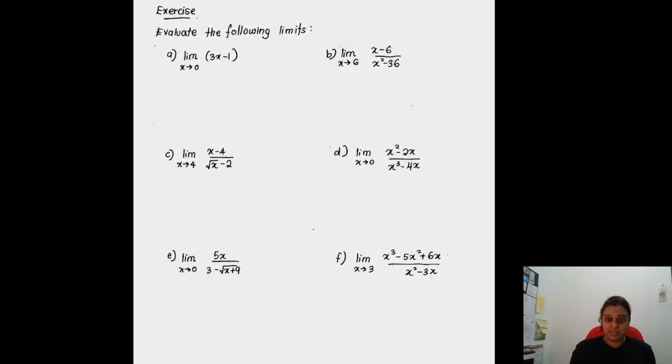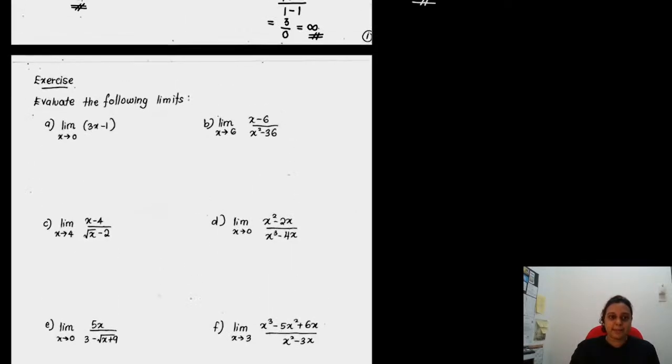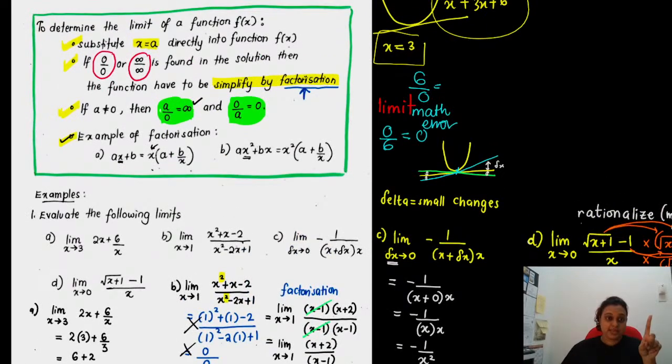You all can try this. There are 6 questions here. I'll just give you the final answer. Make sure you follow the rules. First step, always try to substitute the value first. If you're getting 0 over 0 or infinity over infinity, then that means you must do factorizing. Usually, if your question has a square or a power of 3, straight away just do the factorizing method.